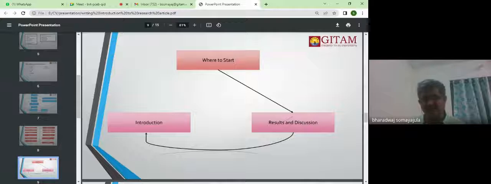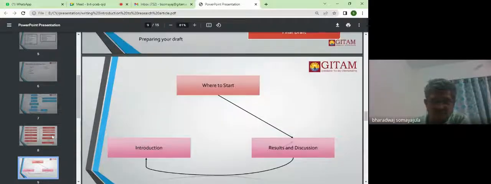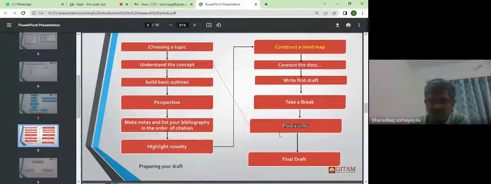I'm talking with respect to experimentalists. In experimental work, we characterize materials, we take properties, we understand the properties, and once we complete the drafting of results and discussion, only then will I get into the introduction. So this concept of building basic outlines will be addressed.